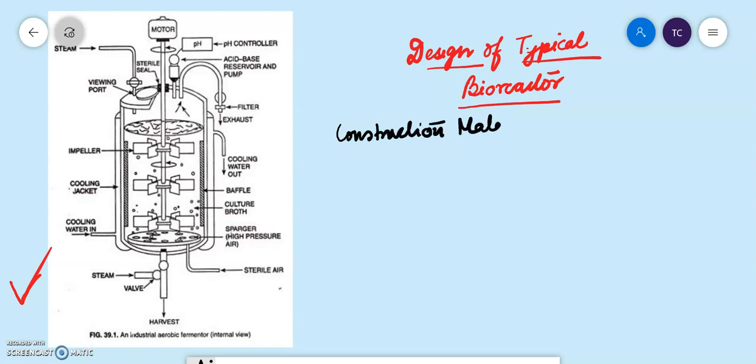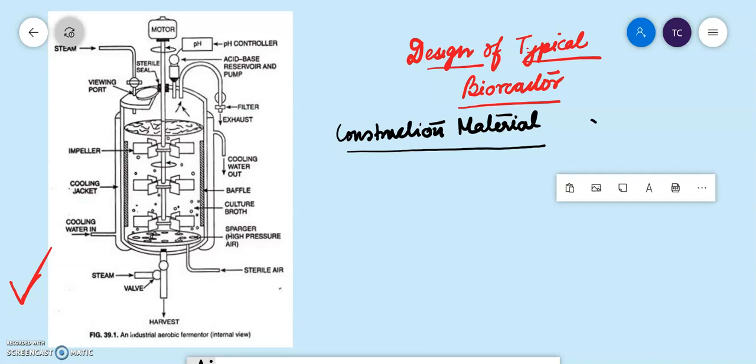When we are thinking of a bioreactor to be constructed, what is its construction material? When we select a construction material for a bioreactor, it has to withstand high temperature.